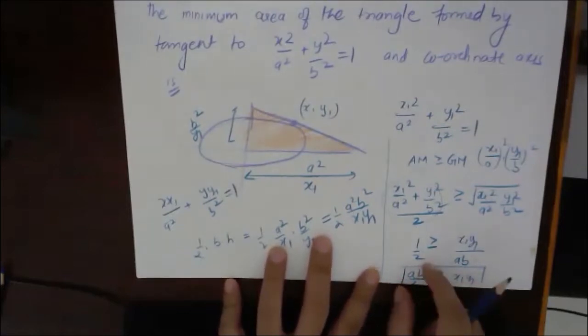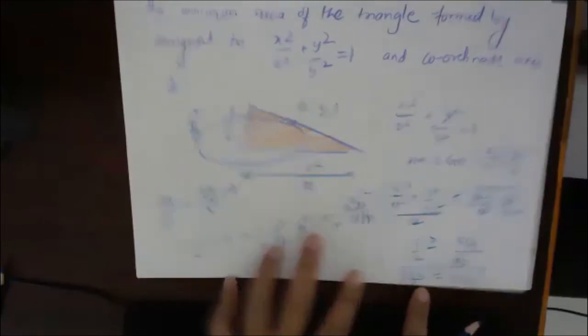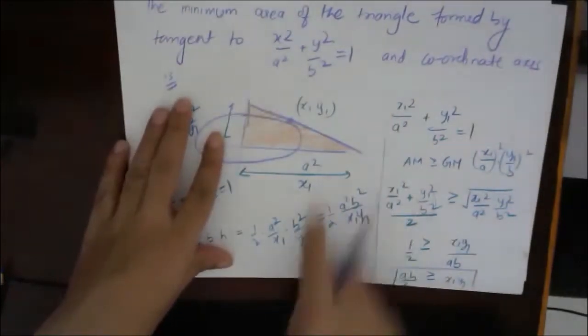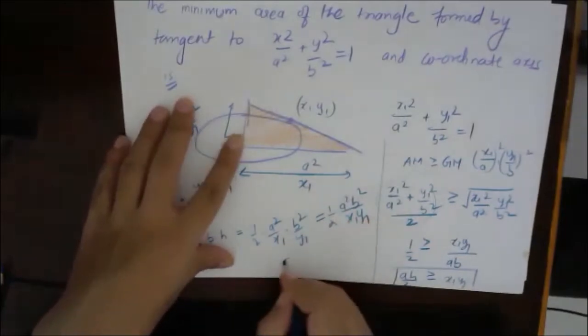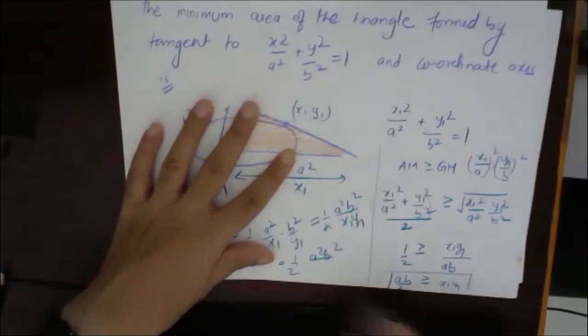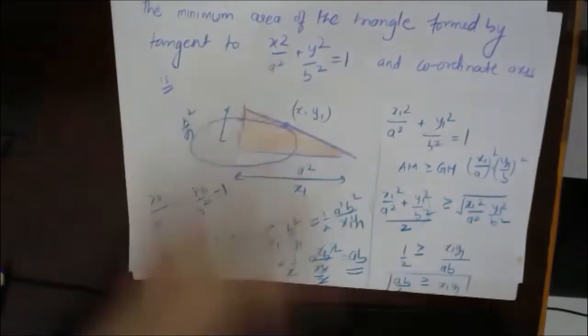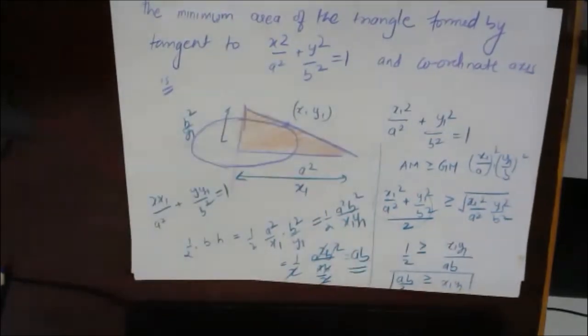The maximum value of x1 y1 is ab by 2. So if this is maximum, this whole thing will be minimum, right? So this will become half into a square b square by ab by 2. So this 2 and 2 get cancelled and the squares get cancelled. So you get ab. This is the minimum area.